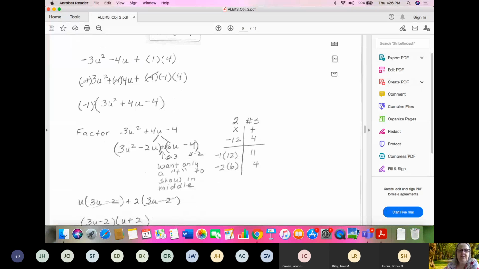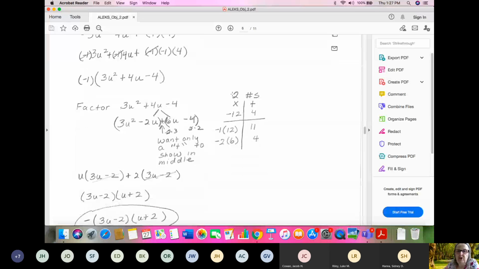So the good news is we can just leave this -1 here for a while and work on this. We'll have to come back in our final answer and put a negative in front of it though. So let's look at 3u squared plus 4u minus 4. We want to factor that.